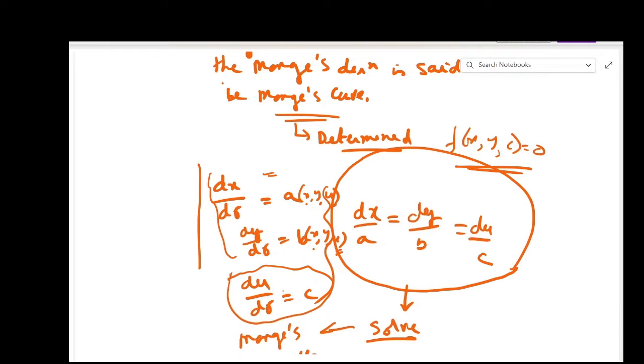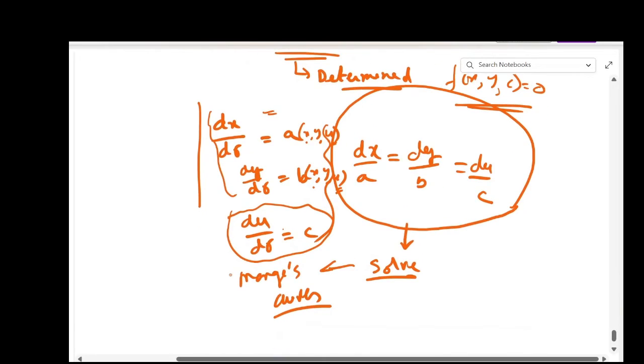There we solved dx/d sigma, dy/d sigma separately from the other equation. But now we have to solve all three together, because we need the information of u to find the Monge's curve. I cannot neglect it.